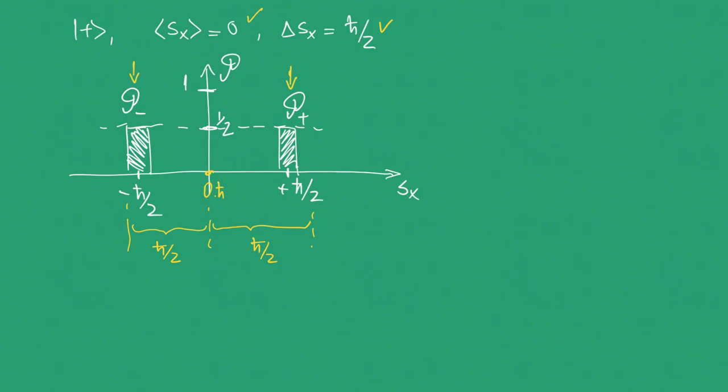Then it makes sense that our result is spread by this value h bar over 2, as found by the uncertainty.